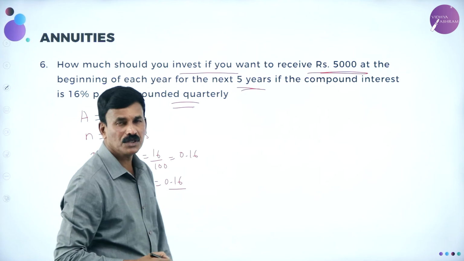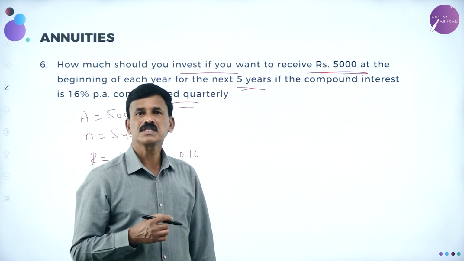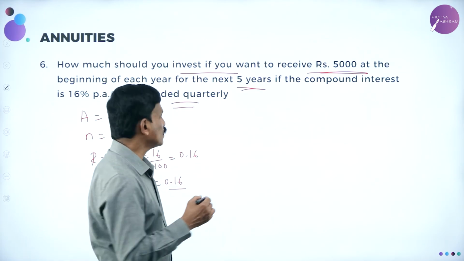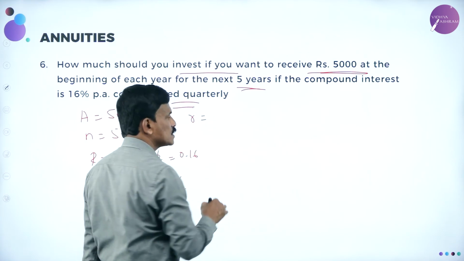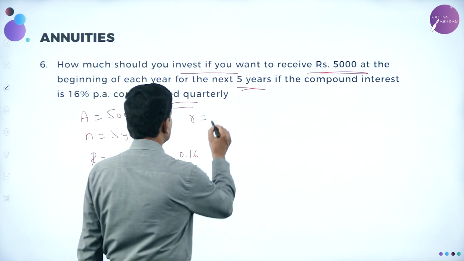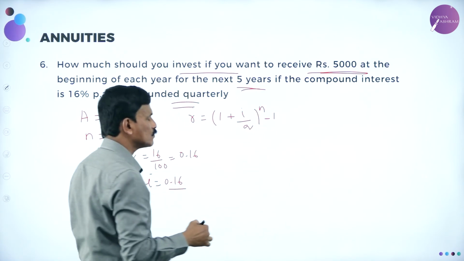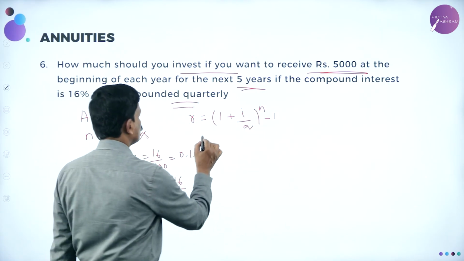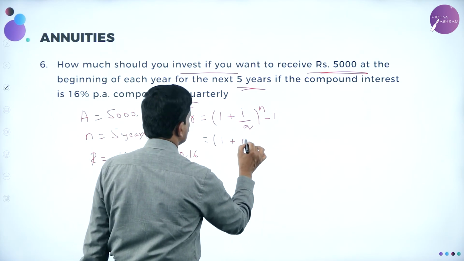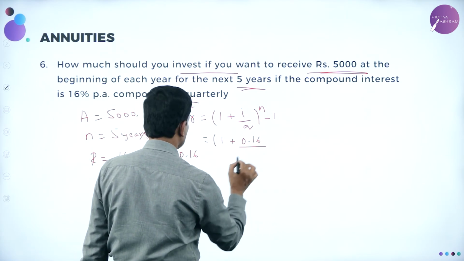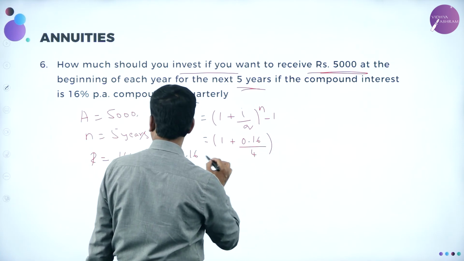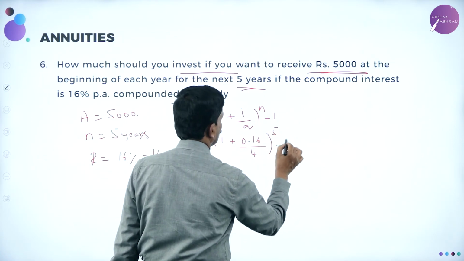Now, what is the formula we are going to use? First, the effective rate of interest is to be determined. So the effective rate of interest R is equal to 1 plus I divided by Q, whole to the power of N, minus 1. I is equal to 0.16, divided by Q is 4, to the power of N, which is 5, minus 1.